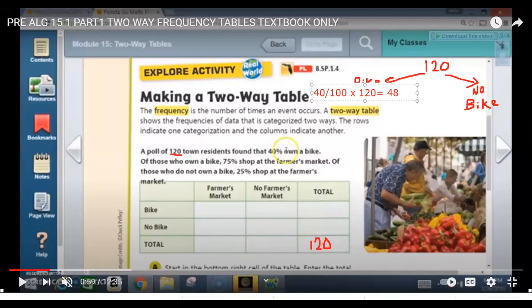It will be 48, because it said 40% own a bike. So I will take this number and put it in the table. All the people who have a bike were how many? 48, right? Then who can tell me how many people don't have a bike?